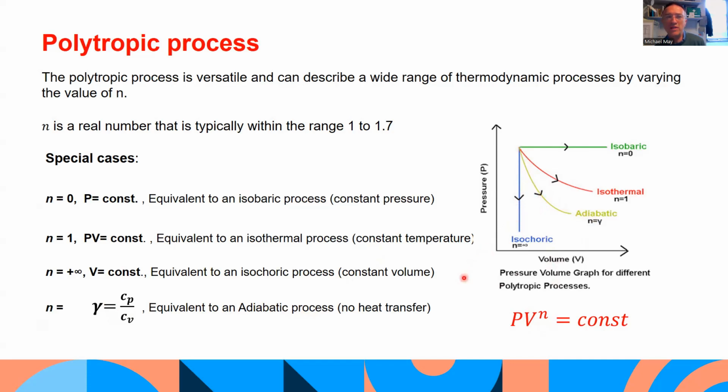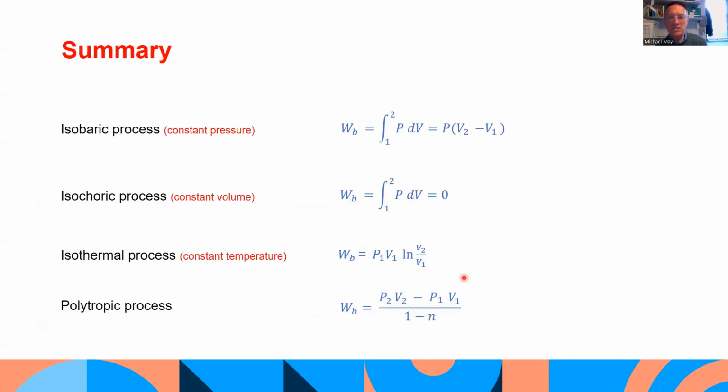So all of those previous processes are versions of the polytropic process with special cases for the n value. This is a summary of the different values and the different boundary work equations.